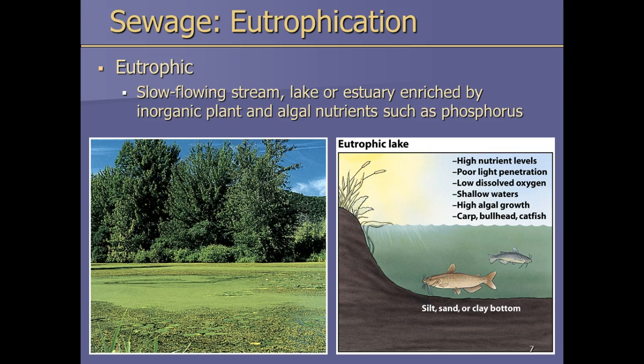Now, over time, this is what happens to that oligotrophic lake: it becomes a eutrophic lake. Increased nutrient levels, poor light penetration, low dissolved oxygen, shallow waters because you've had excessive decomposition, and that decomposed matter is going to return to dust or dirt, soil, and it will start to layer on the bottom, therefore keeping your waters more shallow than normal.